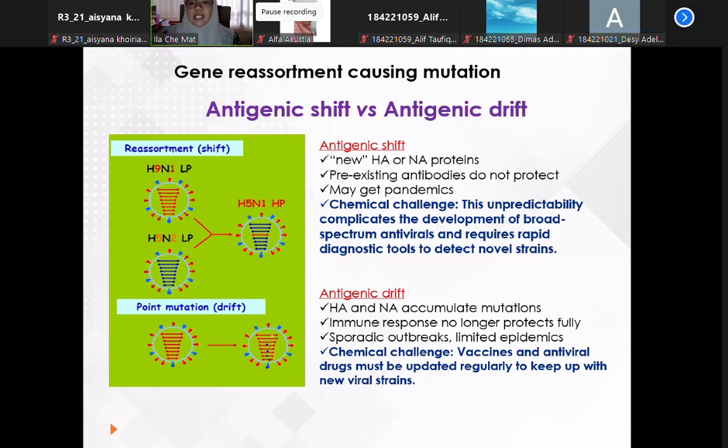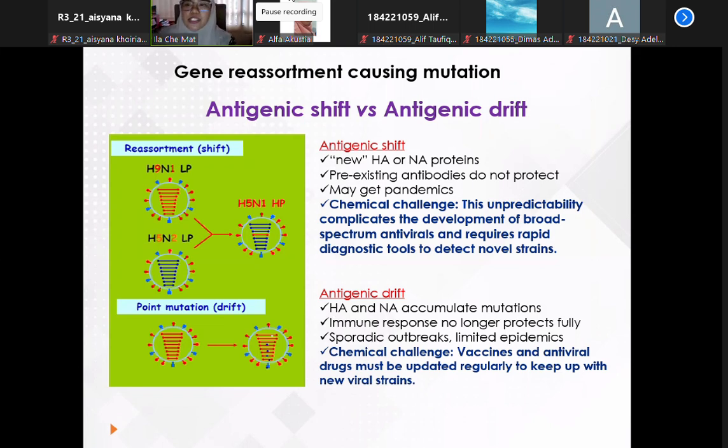The chemical challenge here is to develop a broad-spectrum antiviral and also a rapid diagnostic. So if it has been used before for H9N1 treatment, hopefully, being broad-spectrum, it can also be used for H5N1.